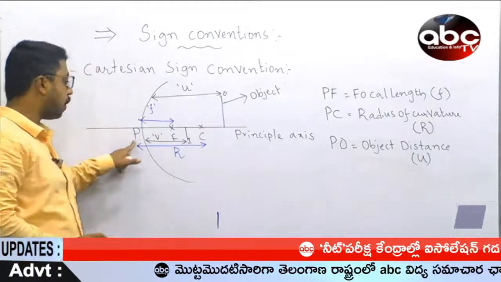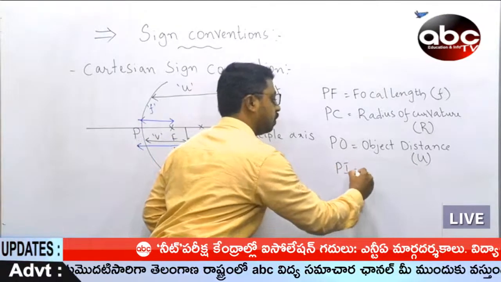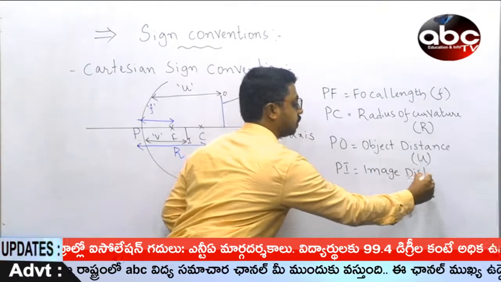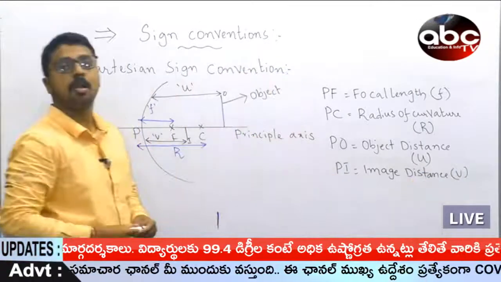Whereas the next one is PI. This is called image distance, which is indicated as small v.